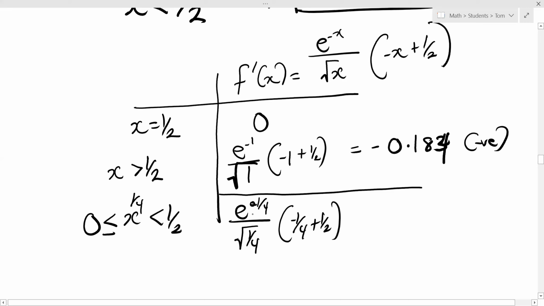And I actually get a positive number here, which is 0.3894, so this is positive.